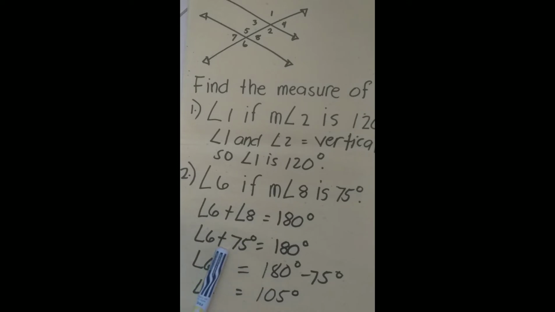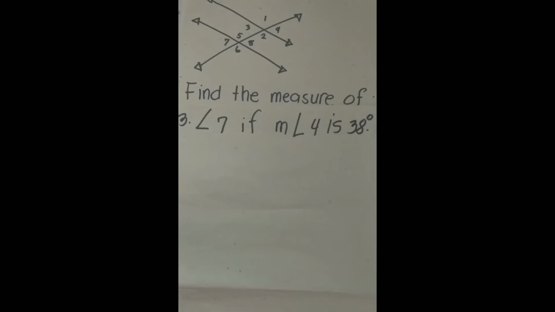Since 75 here is positive, when we transfer it to the right side, it will become negative. So this is now 180 minus 75, which is equal to 105 degrees. So angle 6 is 105 degrees and angle 8 is 75 degrees. If we add 105 plus 75, they equal 180 degrees.